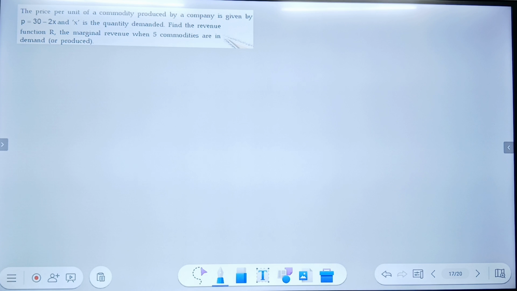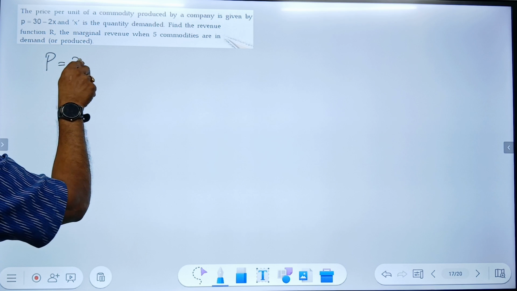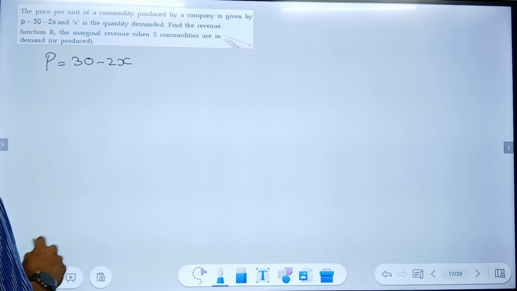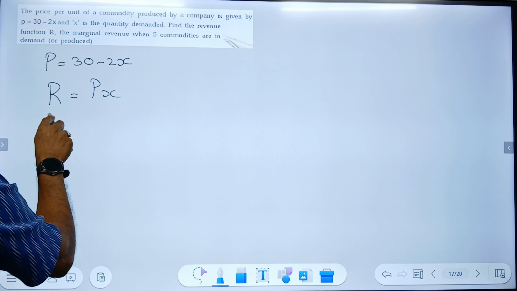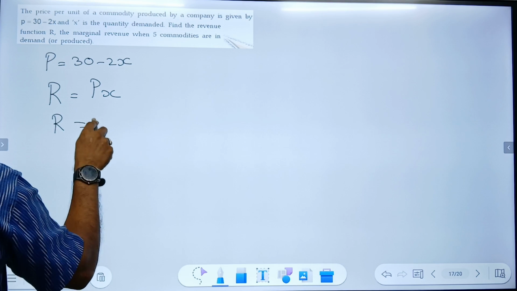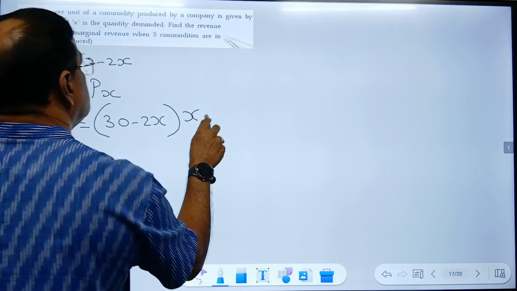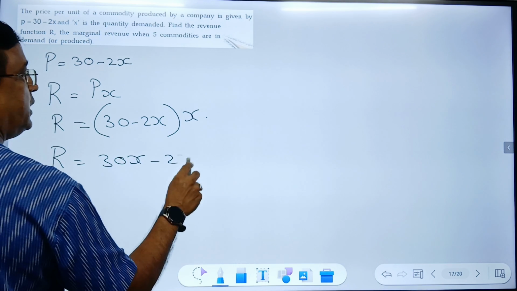This is also a wonderful question from the applied maths book. The price per unit of a commodity produced by a company is given as P equal to 30 minus 2x, where x is the quantity. Find the revenue. So what is the revenue function? I told you the revenue function is Px. So revenue is nothing but 30 minus 2x into x, so revenue is 30x minus 2x square.